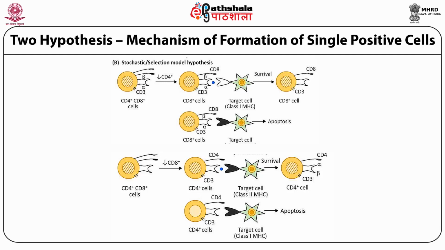Such a cell with high CD4 and low CD8 molecule, if it interacts with a target cell with class 2 MHC molecule, will get a survival signal and will survive into a CD4 positive cell, while those cells with high CD4 co-receptor and low CD8, if they interact with a target cell with class 1 MHC molecule, will not get a survival signal and will be eliminated by the apoptosis process.